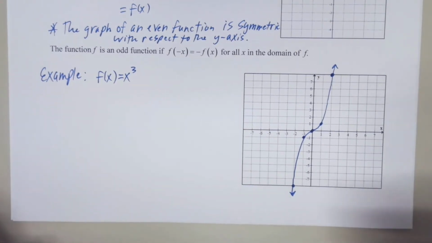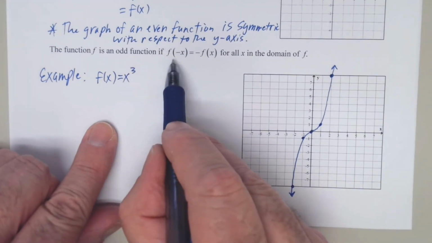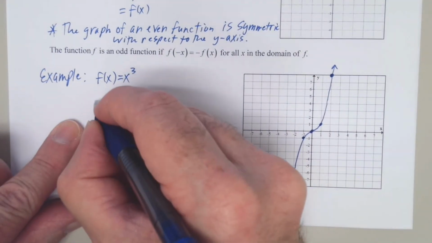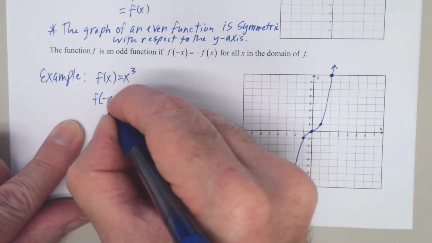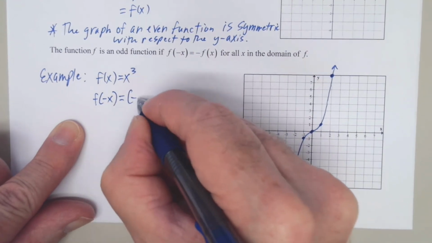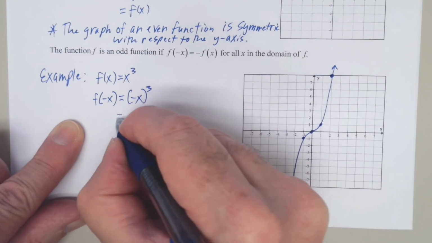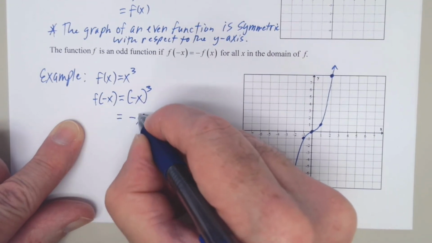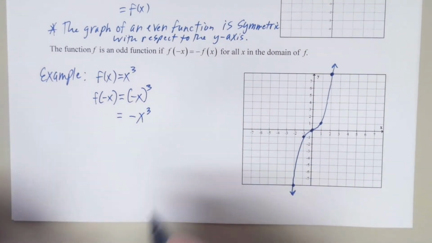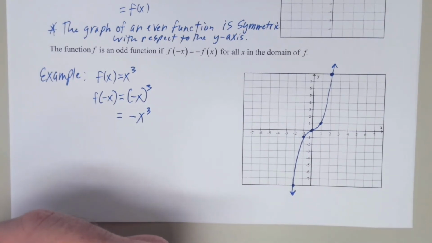But again, let's start the same way, because it says plug in minus x for your input. When we do that, we get minus x cubed, which is equal to a negative x cubed. Again, if we multiply minus x times itself 3 times, we're going to get a negative number, and of course 3 x's multiplied is x cubed.